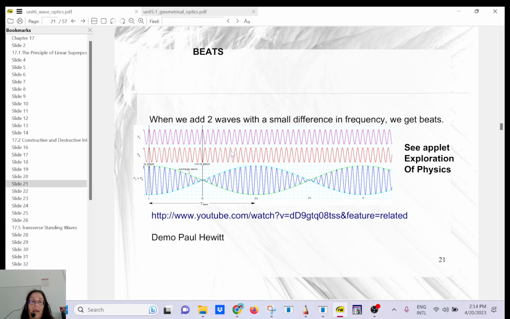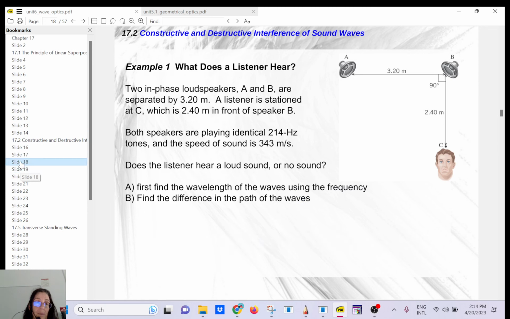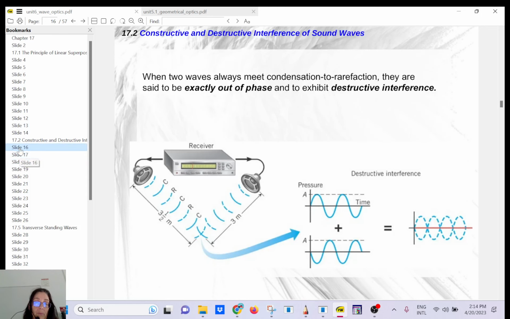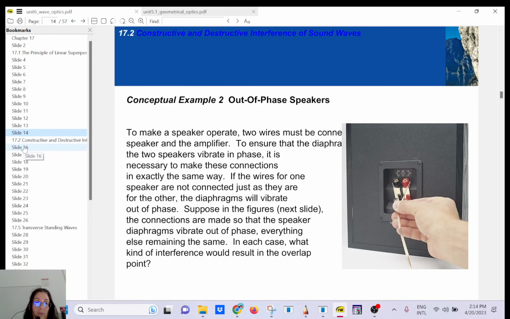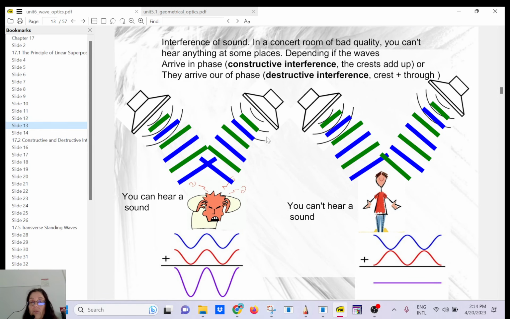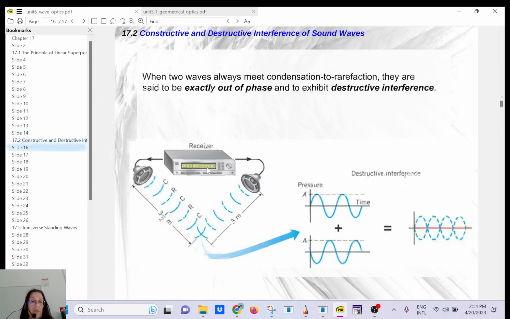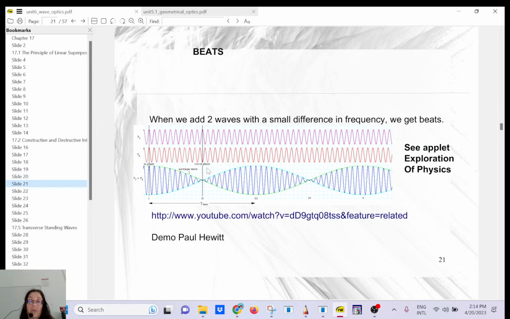If you want to cancel out, like in this example, both waves have the same frequency because they come from the same audio system. But now if you have 340 hertz here and 341 hertz there, what's going to happen when they combine together, and you can do the math, is you get beats.